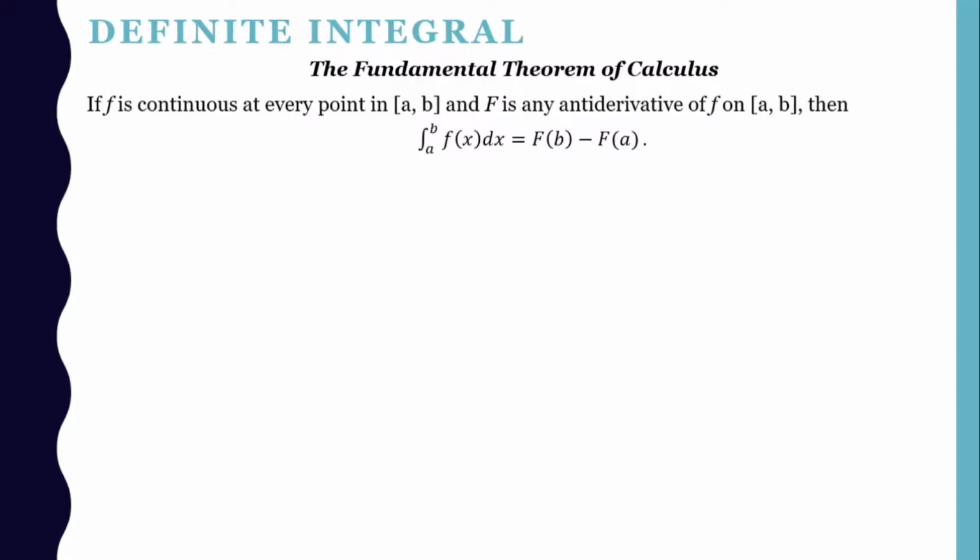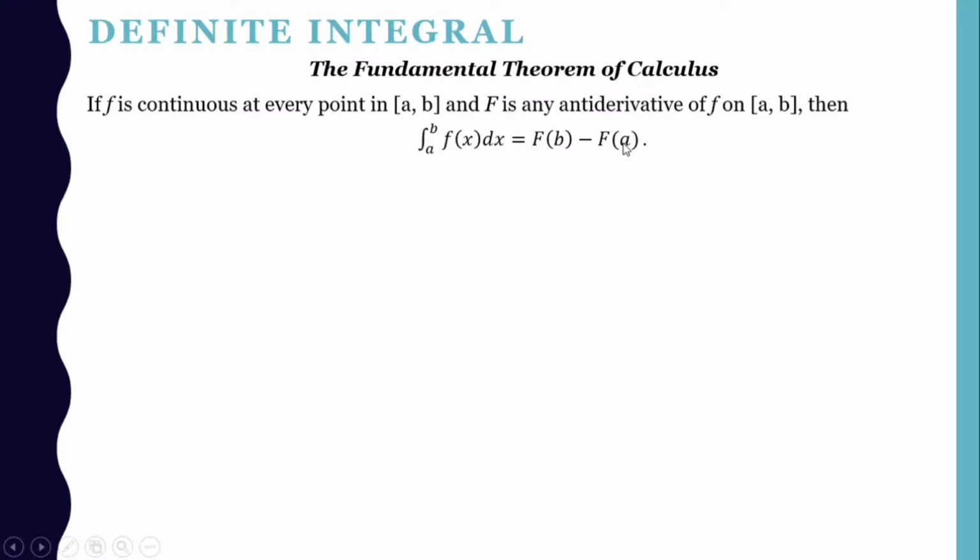Meaning, this is connected with our substitution. To get the integral of the function f of x dx from a to b, we simply have to get the integral of the function, then substitute b, minus the integral of the function, then substitute a.